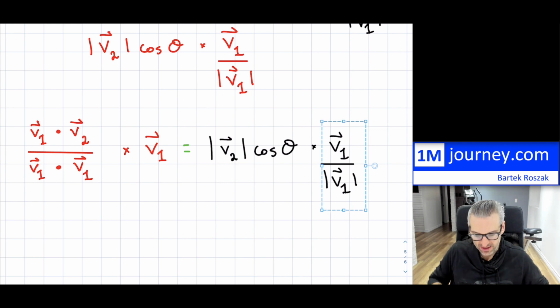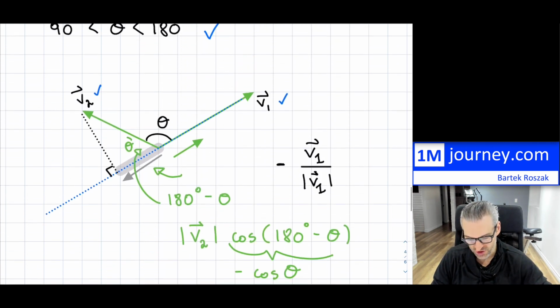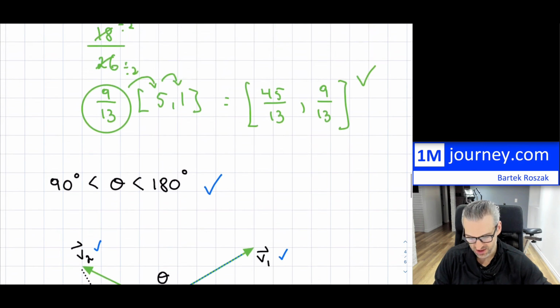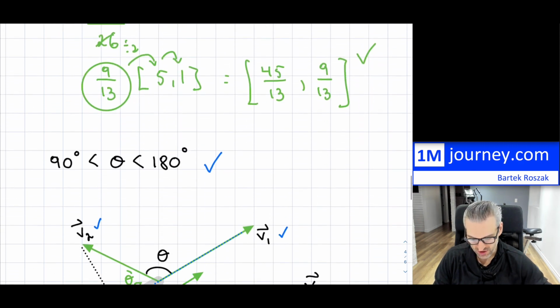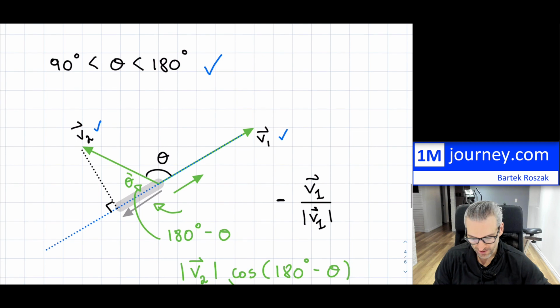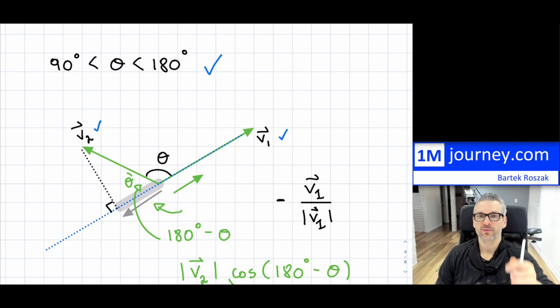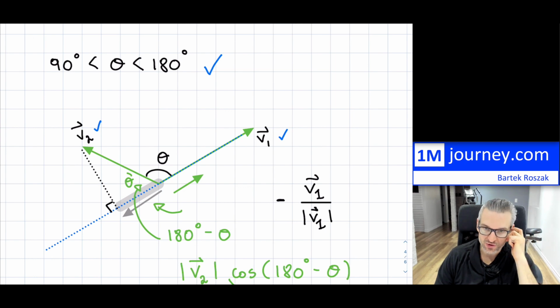Now, I wanted to give you one more thing, because sometimes you're only interested in the magnitudes themselves. So you don't necessarily want to know what the vector of the shadow is. Maybe you're only interested in the actual magnitude as a whole without the direction.